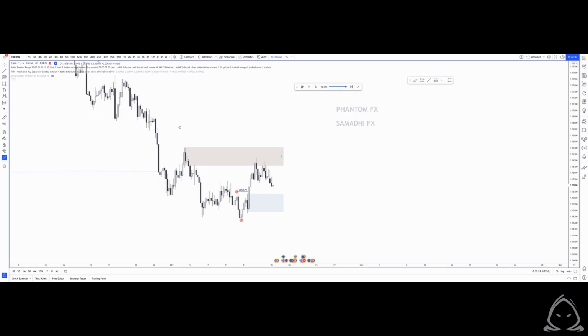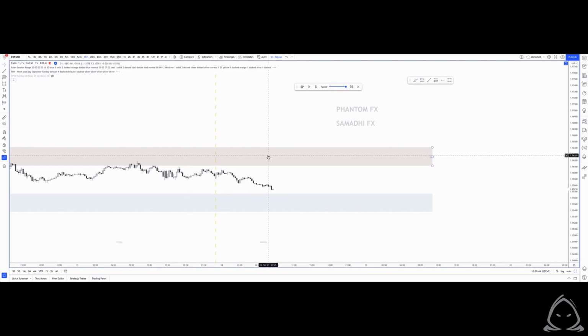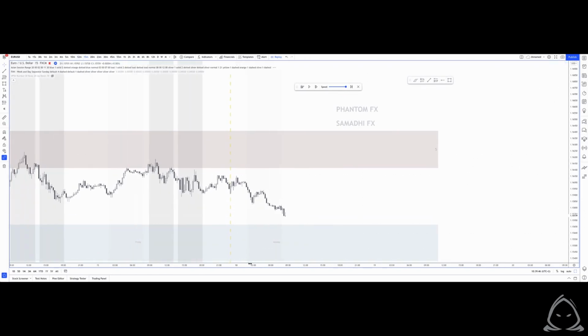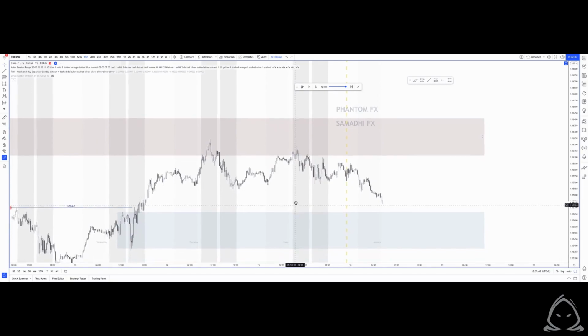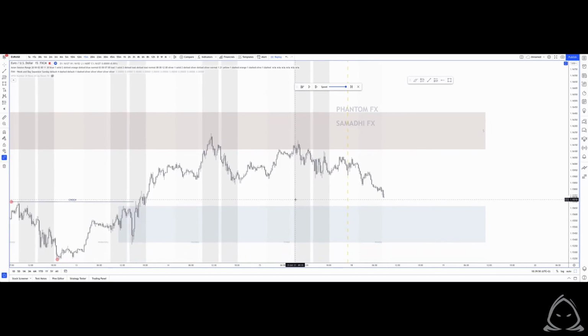Okay, so how can we use this information now for our intraday trade, to take our intraday scalping trade? Okay, first of all, you have to scale into an intraday perspective, and we can clearly see that in the previous 2-3 days the price built a lot of liquidity below.